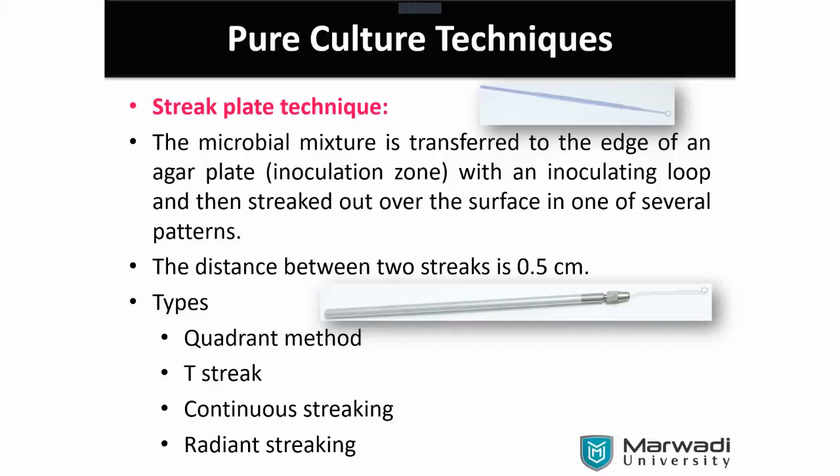You can get the document and the same in our practical session. When you have the loop with you, it is always streaking. Spreading comes when you use a glass rod, a U-shaped or triangle-shaped glass rod.